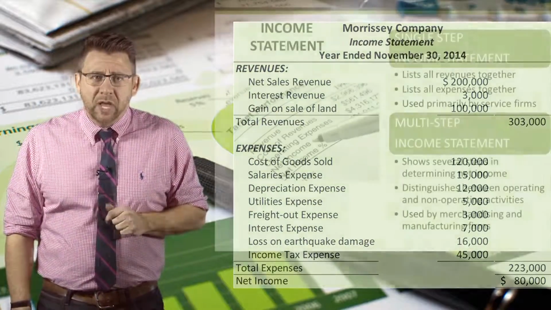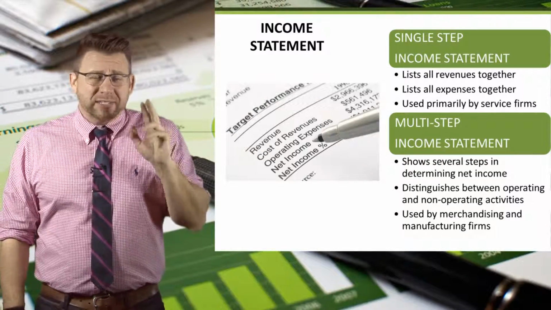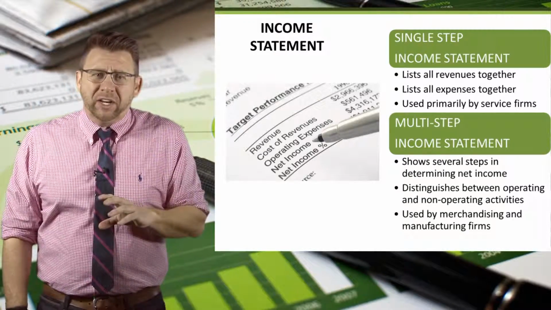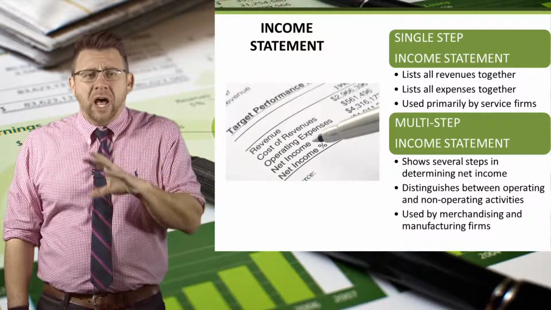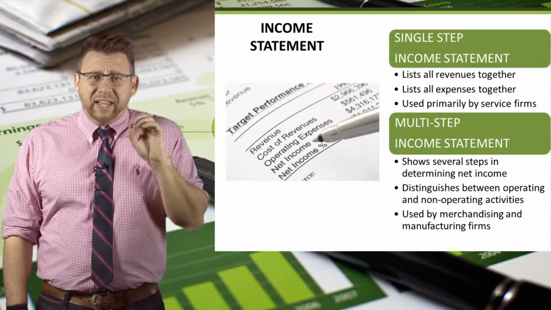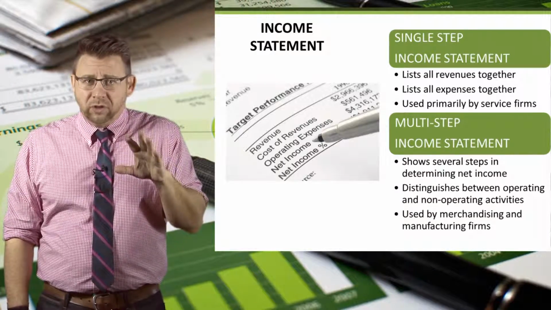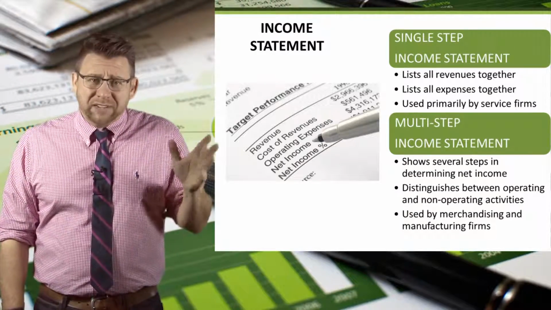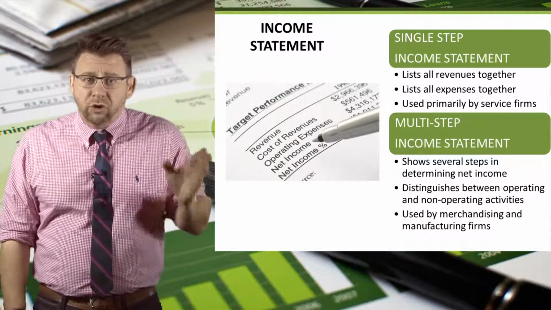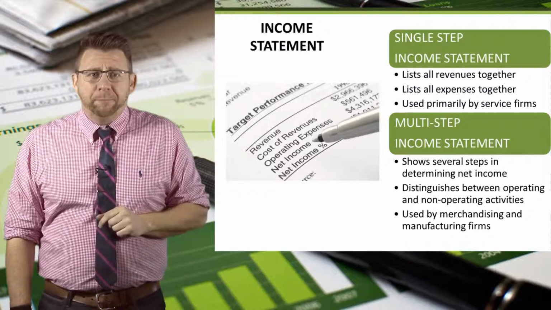A multi-step income statement still lists revenues and expenses, but it separates operating revenues and expenses from non-operating revenues and expenses, as well as divides the account into important subtotals that highlight areas of importance for investors and creditors. The subtotals include gross profit and operating income.